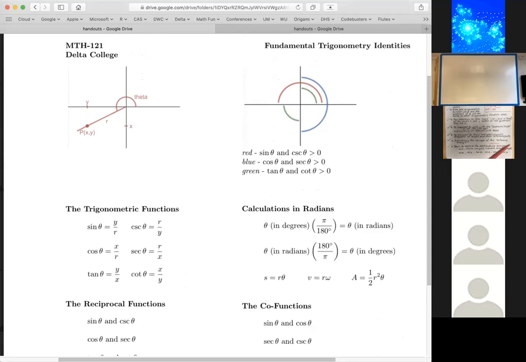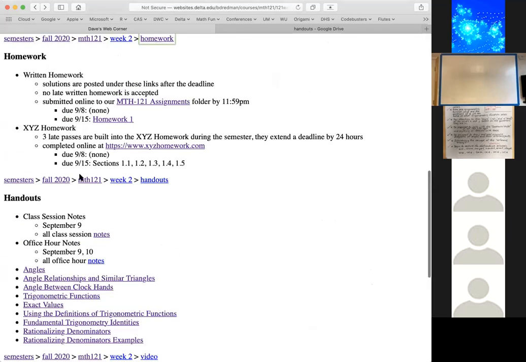Dig into these sections. You can send me a question if you want to see a video or a solution. You are working on the XYZ homework and you're working on your first homework problem. Remember that both of those are due next Tuesday.